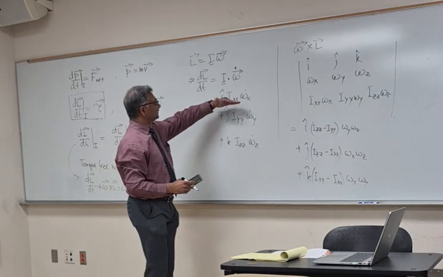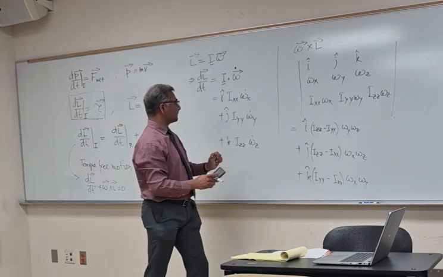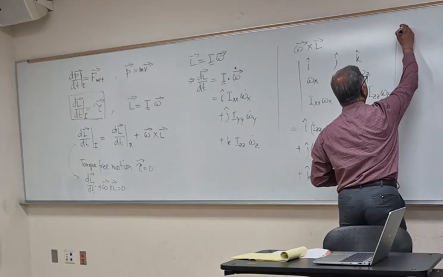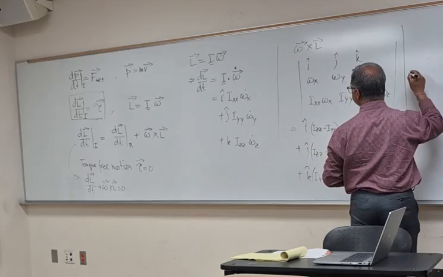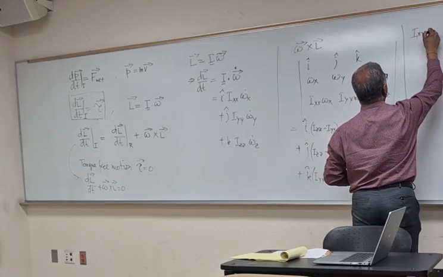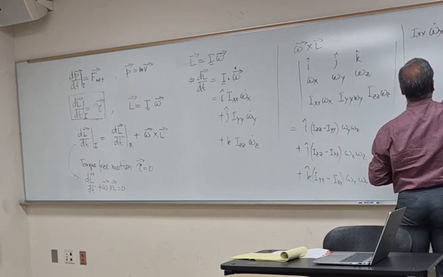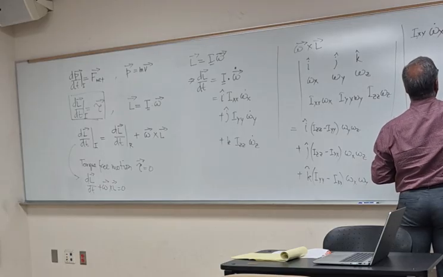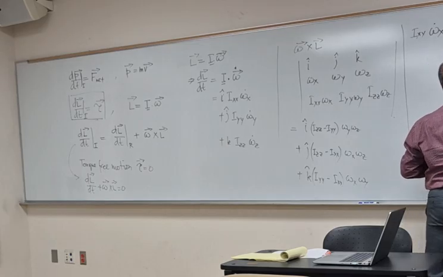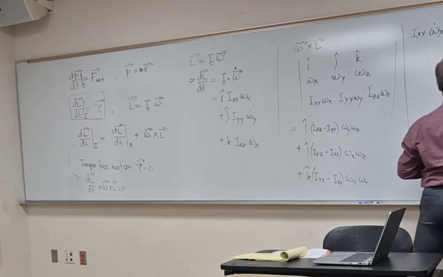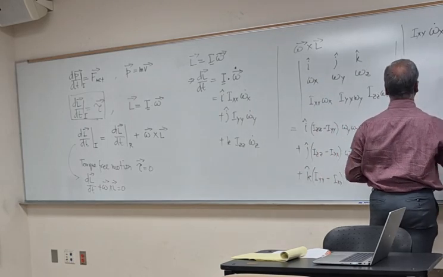So this plus this equal to 0 if I separate all the terms. Let me write down one more line because I want to make sure that all the calculations are correct. So I_xx omega_x dot plus (I_zz minus I_yy) omega_y omega_z equal to 0. Separating the terms, this one plus this term equal to 0.